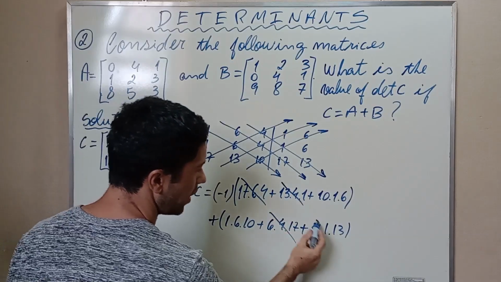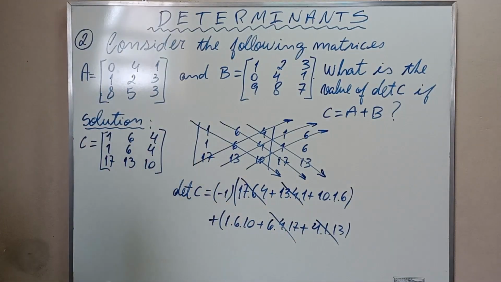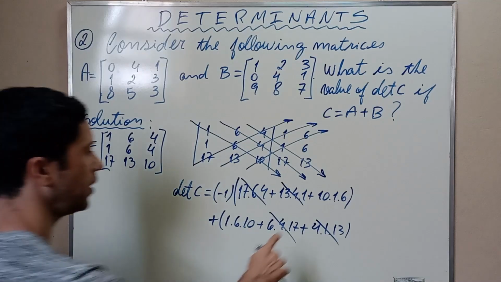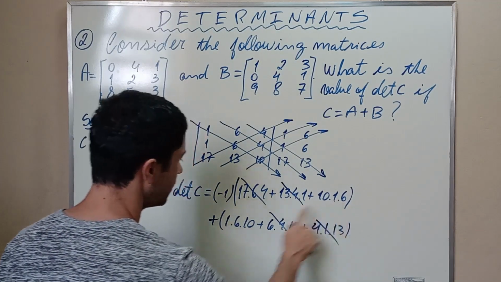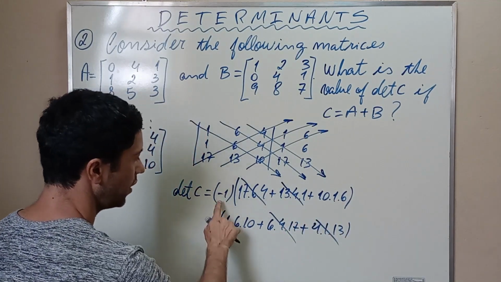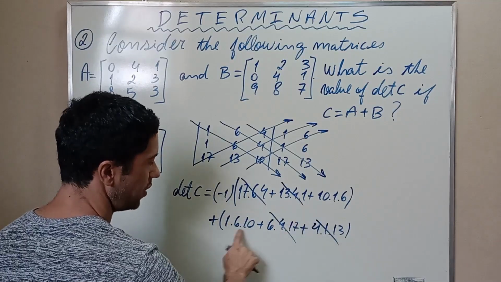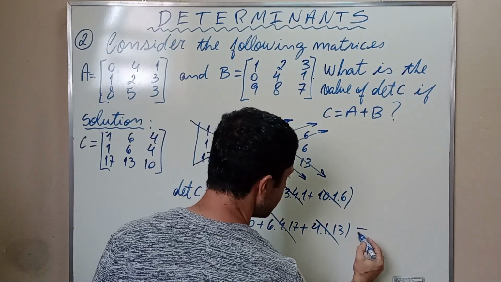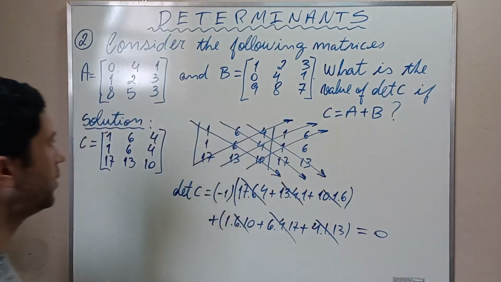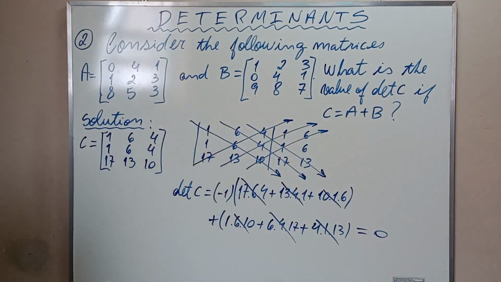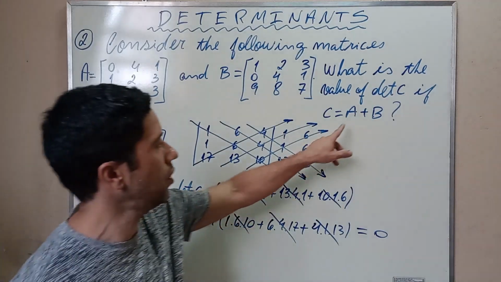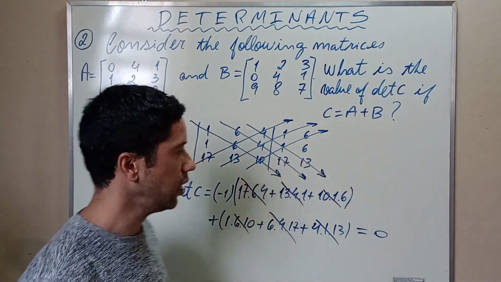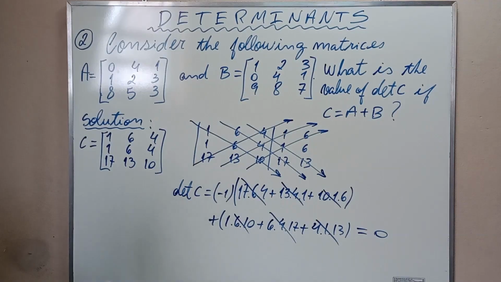They cancel each other out. And lastly, observe here 10, 1 and 6, negative and positive. They cancel each other out. Thus, the determinant of C resulting from the sum of A with B is equal to 0, my friends.